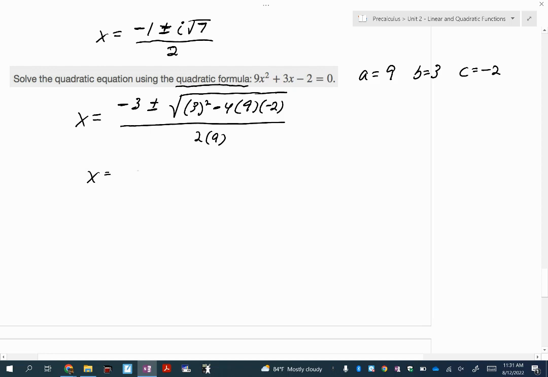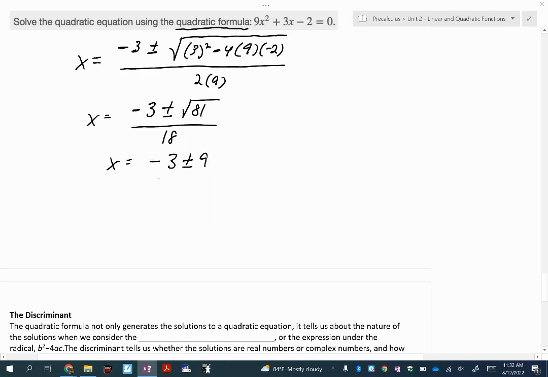So that's going to be -3 plus or minus the square root of, let's see, 3 squared is 9. Then we have 4 times 9 times 2. So that's going to be 72, right? Positive 72. So we have 9 plus 72, which is 81. All right, so that's going to be equal to -3 plus or minus, I do know the square root of 81. It is 9 over 18.